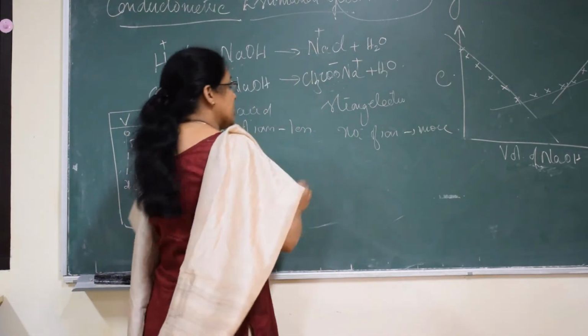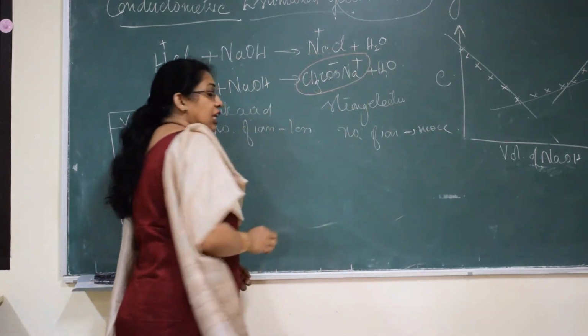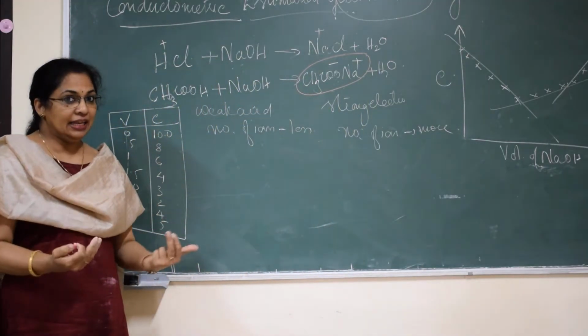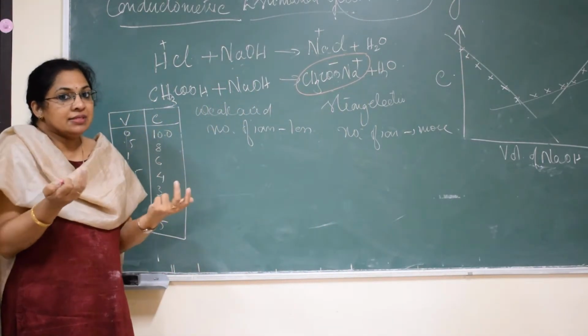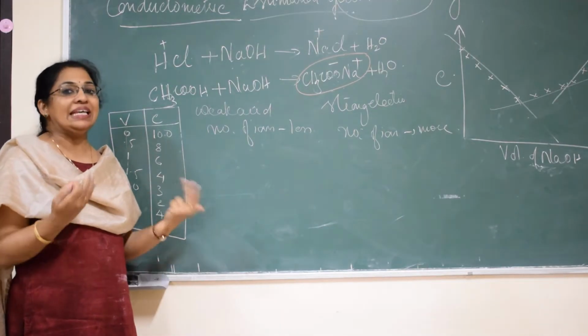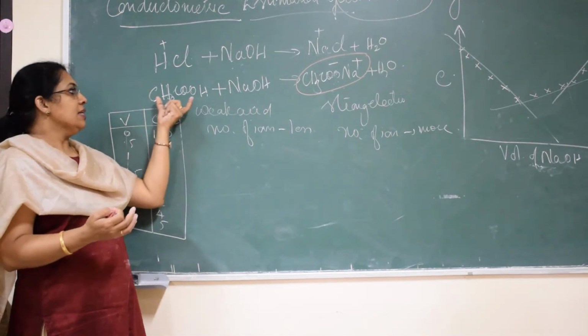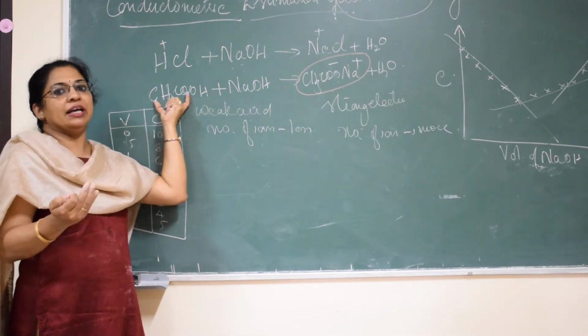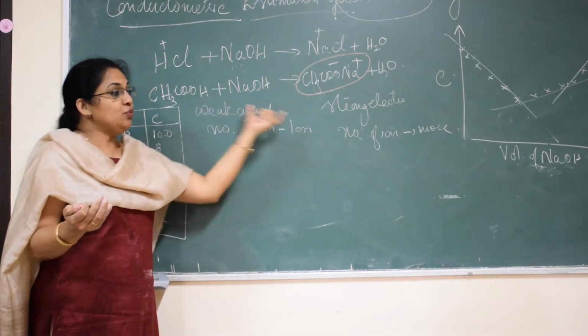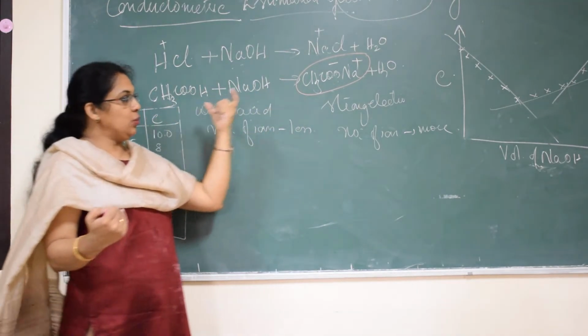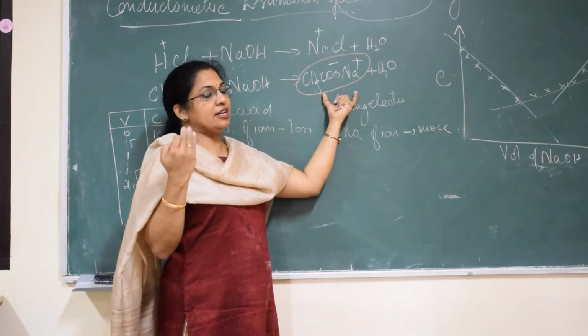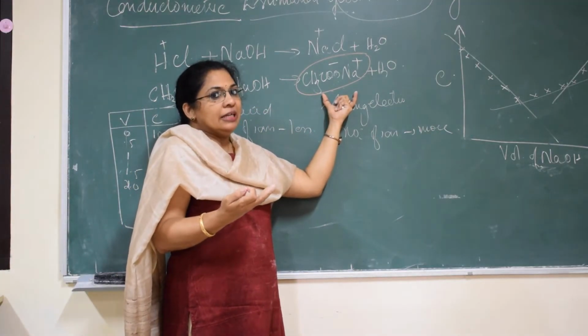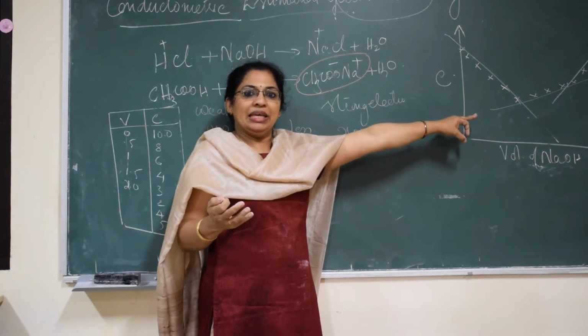Even though H plus is getting replaced by Na plus, more than the size of ions, the number of ions are increasing here. That's because the weak acid is getting replaced by a strong electrolyte. With a weak acid the number of ions are less, whereas with a strong electrolyte the number of ions are more. So what happens to our conductance? Conductance also increases.